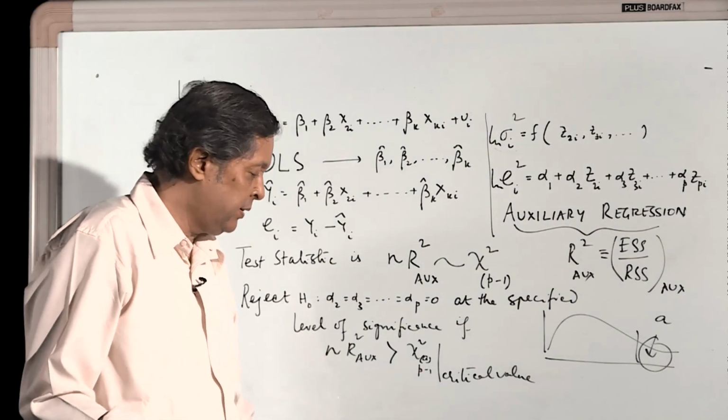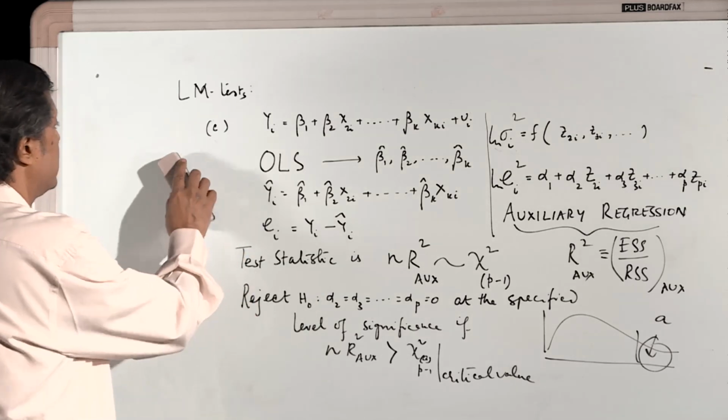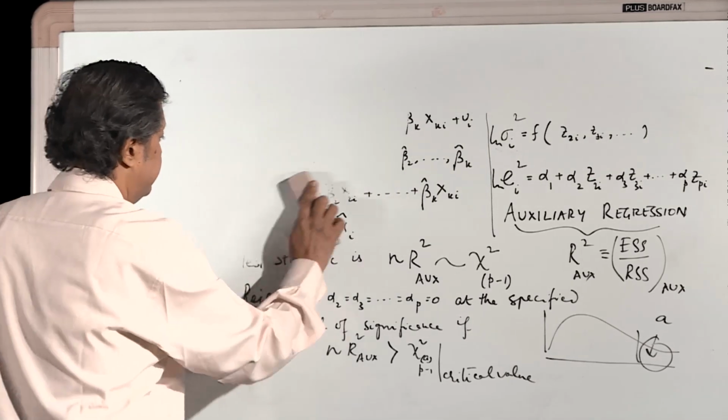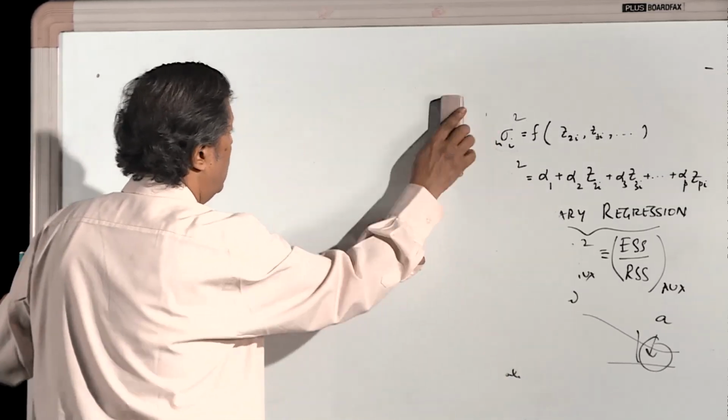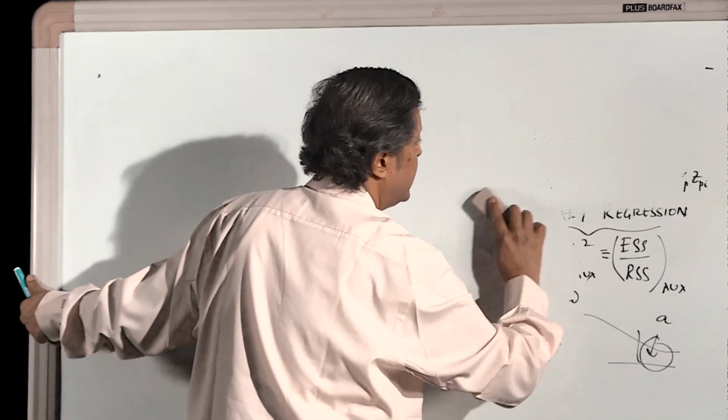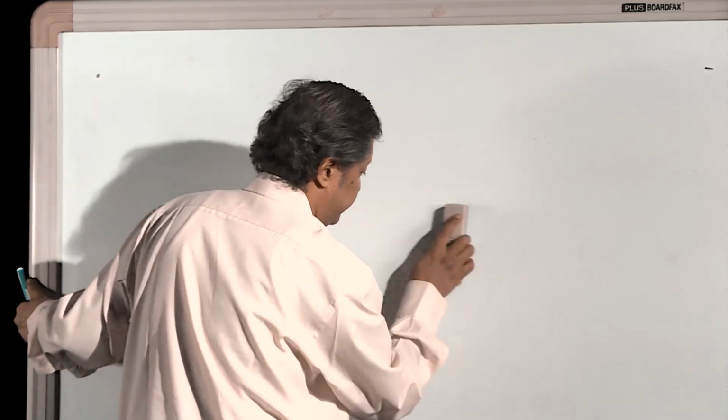Another test that is often used for heteroscedasticity is White's generalized test.